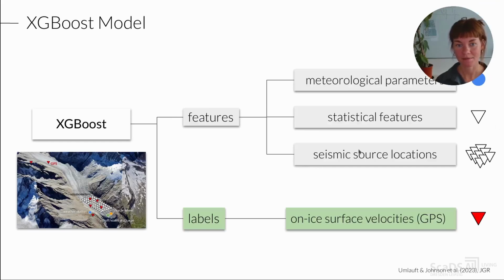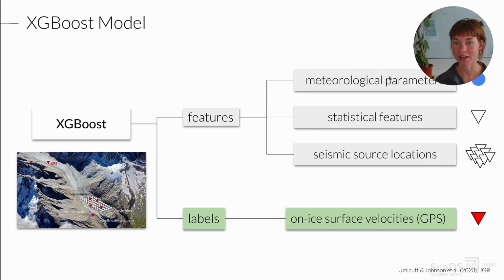So here's what this looks like. So we have the XGBoost model using this database here. As labels, as I just said, those red triangles are relevant here, the GPS stations, which give us the on-ice surface velocity.